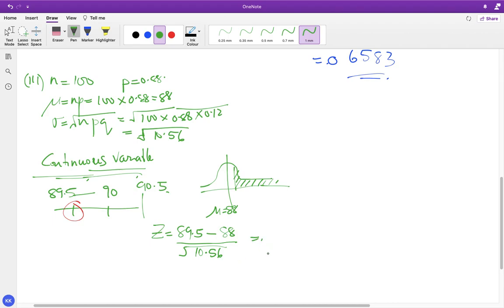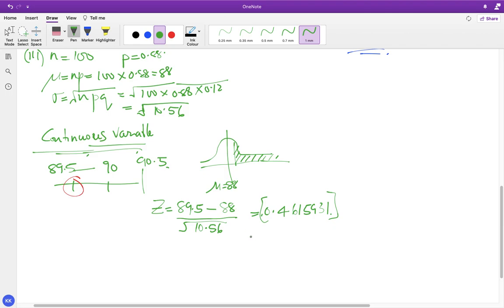It gives 0.461591, and that's the answer for 89.5 onwards, or the approximation for 90 and beyond. But the area that I've gotten here is towards the left.